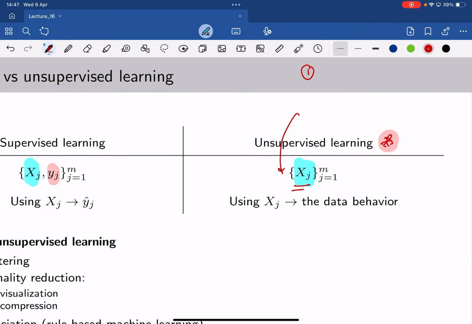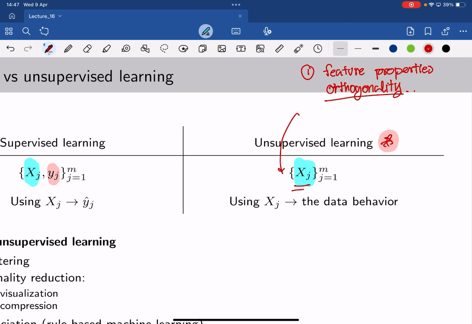The first property is feature properties, such as orthogonality. And maybe clustering is something along the line.